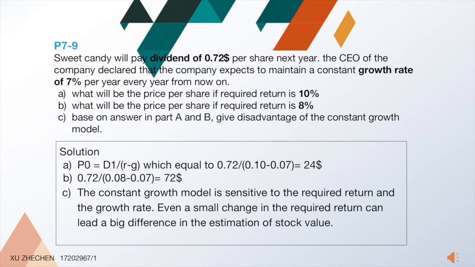We use the same formula for question B, and the result is $72. For question C, the constant growth model is really sensitive to the required return rate and the growth rate. Even a small error in the required return can lead to a big difference in the estimation of the stock value.